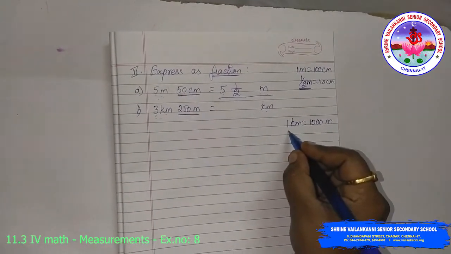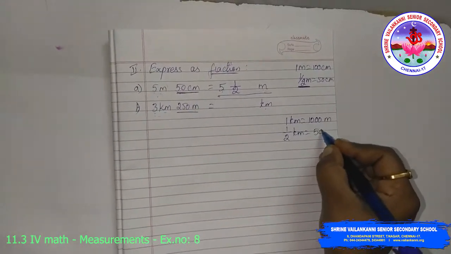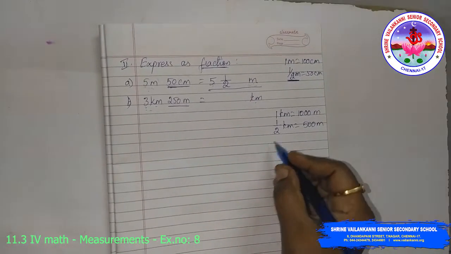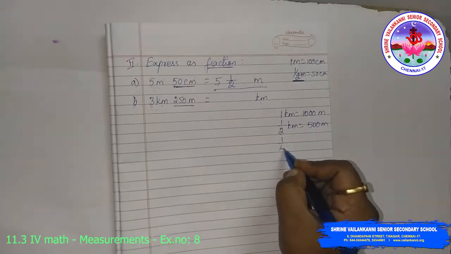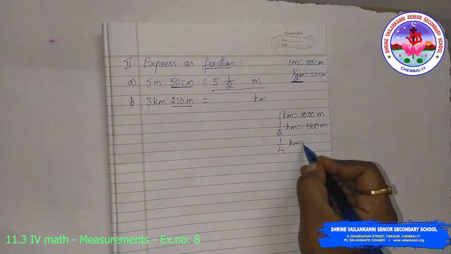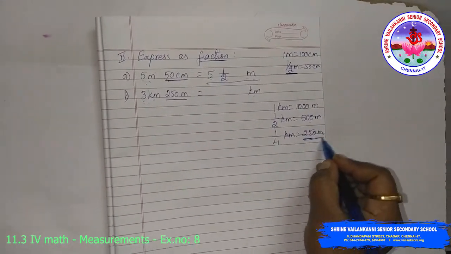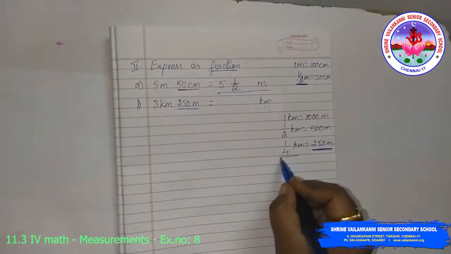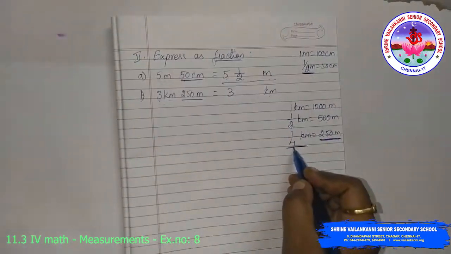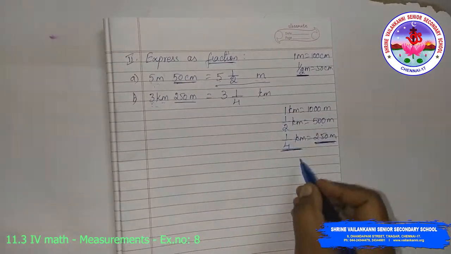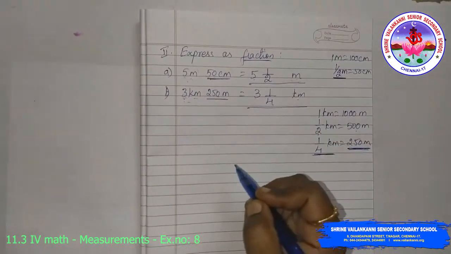Okay, so what will be half kilometer? 500 meter. So if half is 500, then 1/4 kilometer is equal to 250 meter. So instead of this 250 meter, we are going to use this fraction. So 3 kilometer and 1/4 kilometer combined, we got 3 1/4 kilometer as the answer.